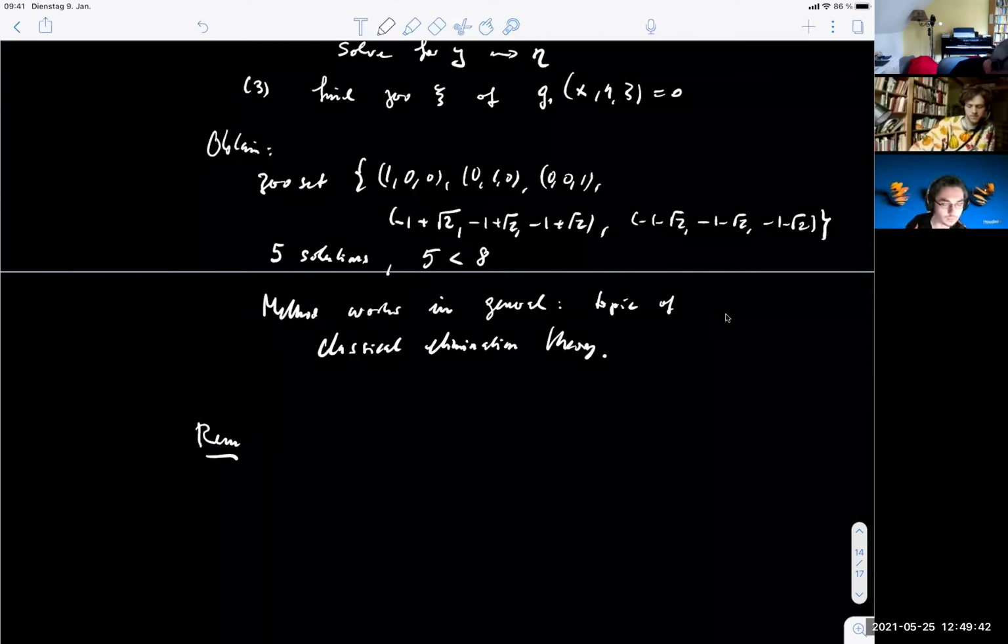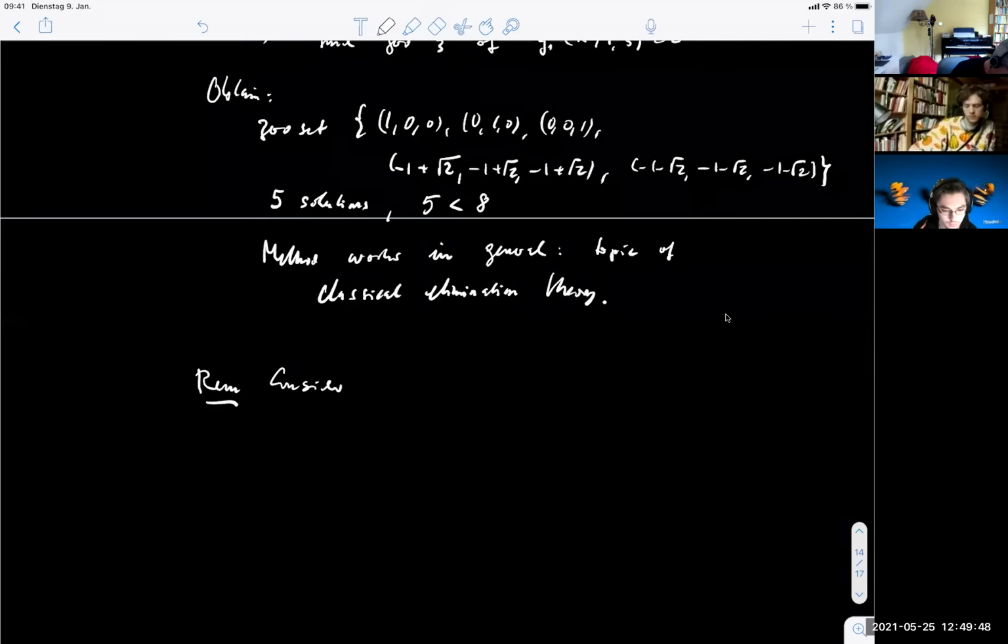Let's say I have the following ideal. I have polynomials f1 up to fr in the variables x1 up to xn.